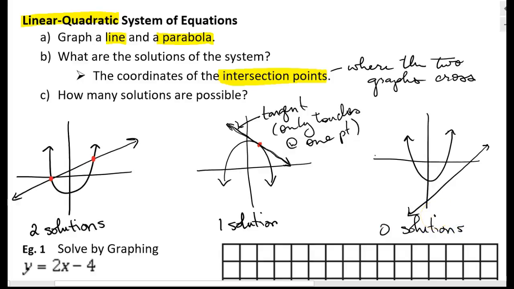What's different about these possibilities than our strictly linear systems? Well, in this particular case, we have no scenario where we have infinite solutions because they are two different shapes, so they cannot possibly overlap at every single point because we're dealing with two different types of functions.